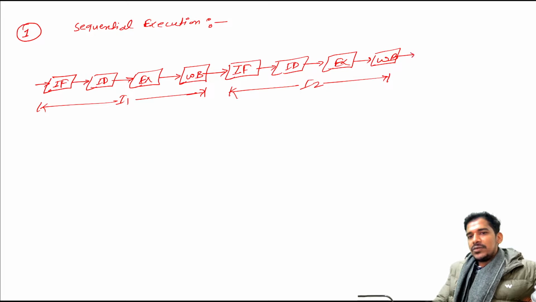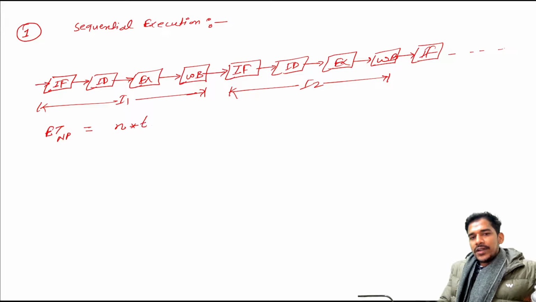Then the next instruction will be fetched. So like this we will keep going. So if we have 2 instructions and each instruction takes 4 cycles, 2 instructions will take 8 cycles. That means the execution time in case of non-pipelining is simply the number of tasks times the time taken to execute one task in non-pipelining, right?